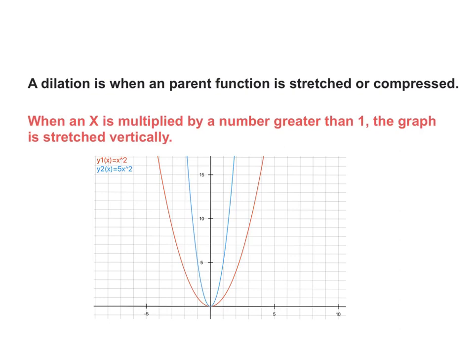So again, it's like taking the red graph and stretching it vertically to get the blue graph. The bigger the number that you multiply by, the sort of skinnier the graph will be. You're stretching it out further. The smaller the number is, the closer to the red graph we will have. Okay? Questions on that?